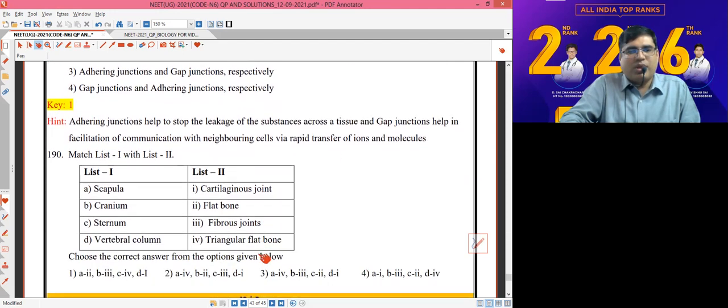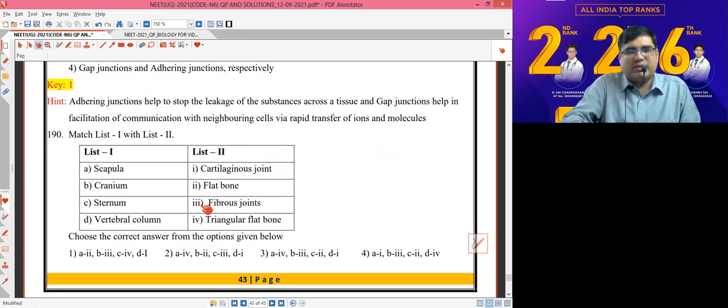So here we go. Then next, again it is a match column question. Again you are finding it. If we talk about the sternum, we know that is a flat bone, and the scapula is a triangular flat bone. So let's relate A with 4. A with 4 is given at two places, so these two would be ruled out.